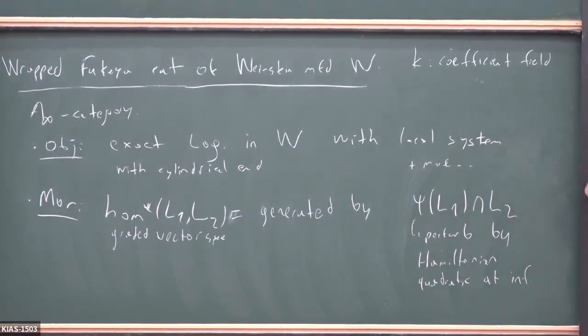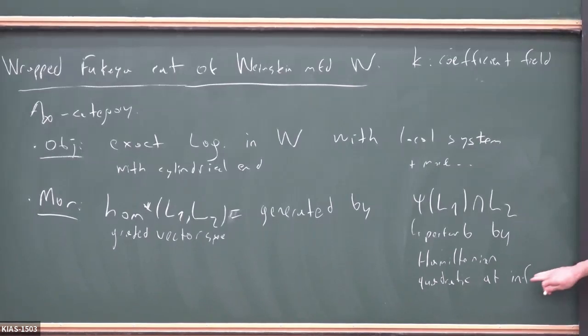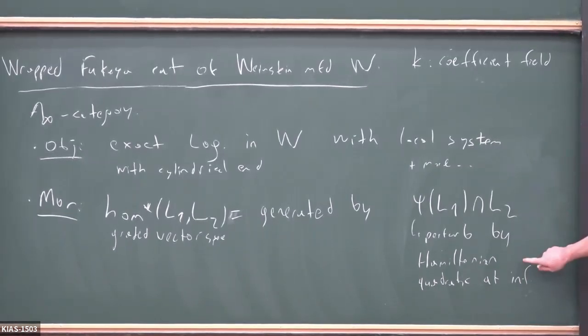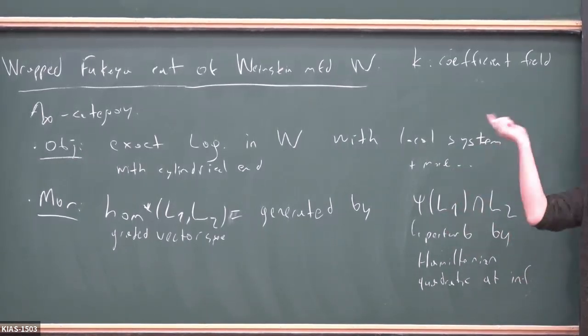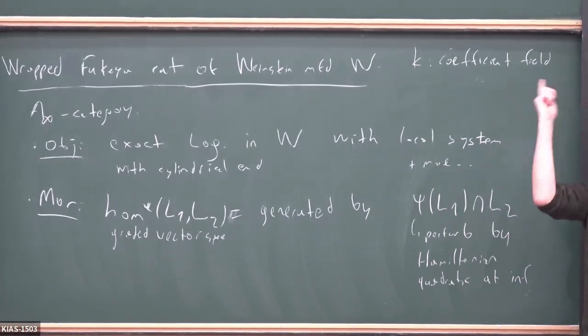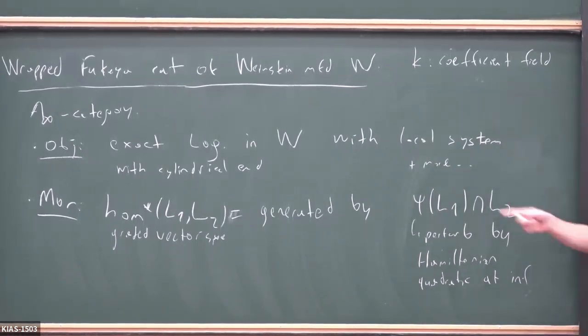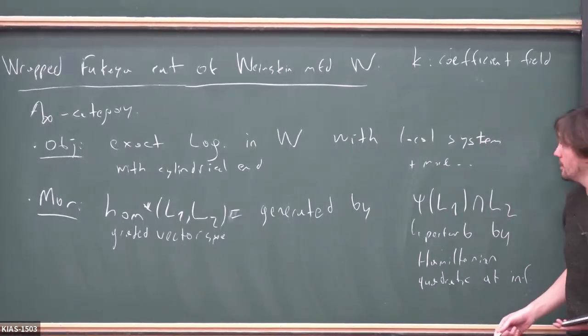At infinity, I need to perturb in a particular way. I cannot perturb with any Hamiltonian, because the infinity part is problematic. To make a nice theory, I need this kind of condition. Perturbing with that kind of Hamiltonian is called wrapping. Therefore, it's the wrapped Fukaya category.